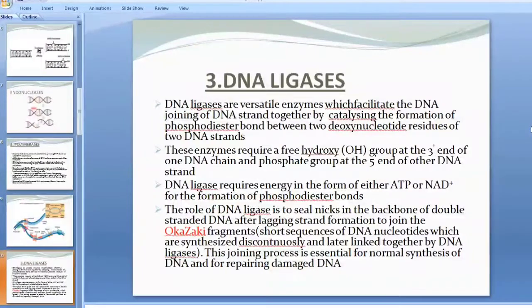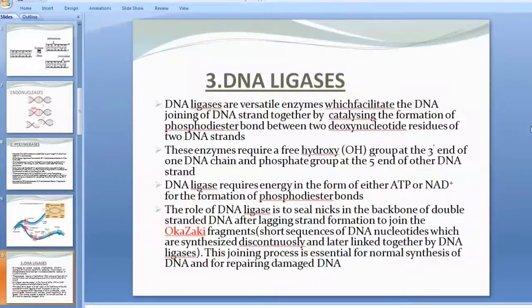So, what is the main function of the DNA ligase? It can join the DNA fragments. How are the DNA fragments generated? Because of the restriction enzymes. So the restriction enzymes can cut the specific sites or recognition sites of the DNA.